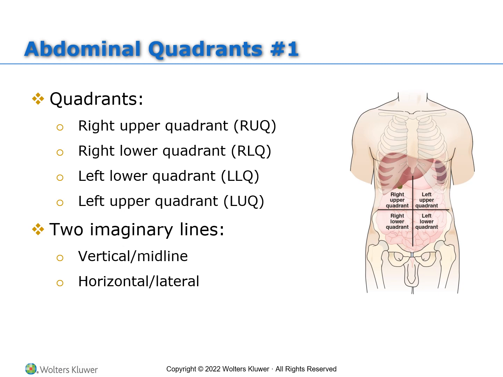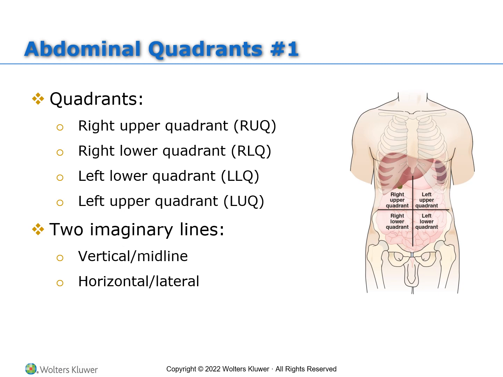All right, we also have 9 anatomical regions that we can break down into smaller areas. The 9 abdominal regions divide the abdomen into even smaller sections, and they use a couple of other planes when doing that.